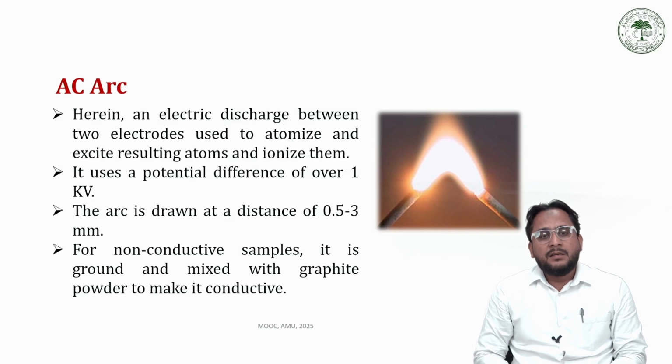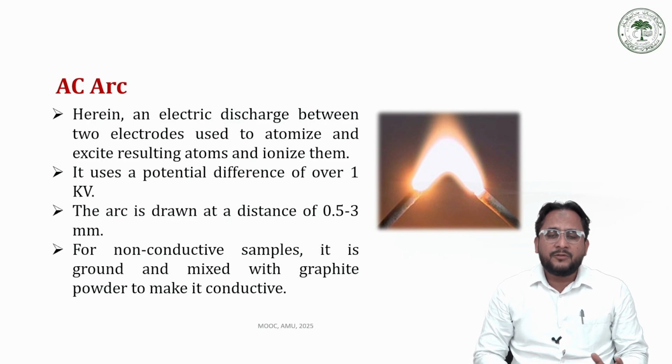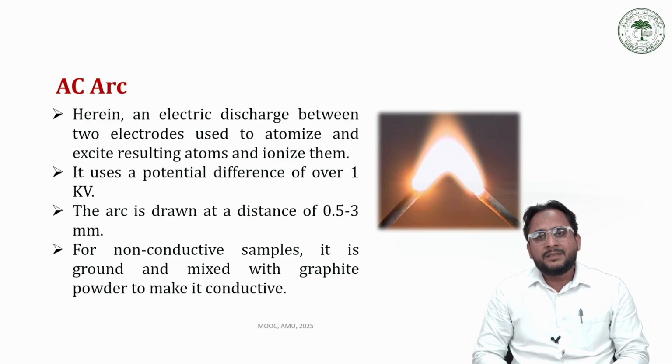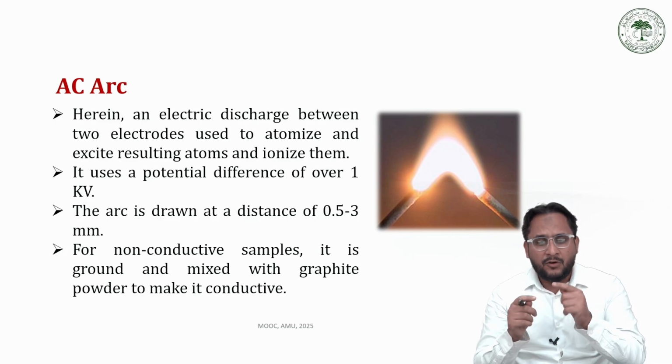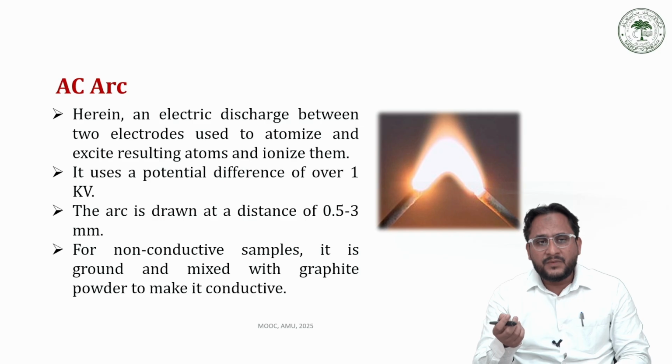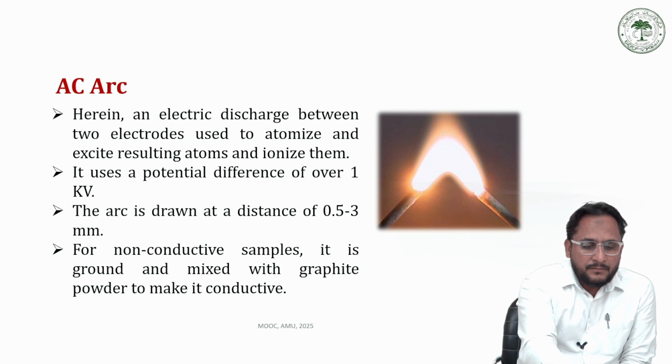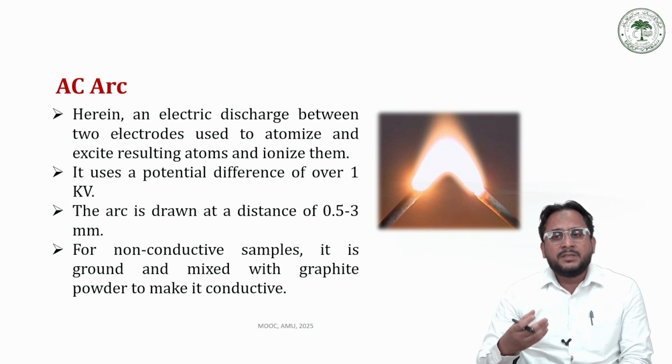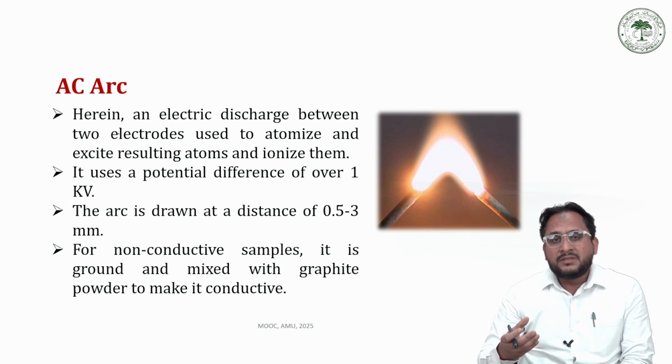Then AC arc. The difference between AC spark and AC arc is that AC spark exists for a very short period of time, while an AC arc can exist for longer periods. These AC arcs are used in various applications, even in welding. It has so much energy that it can melt iron rods as well.